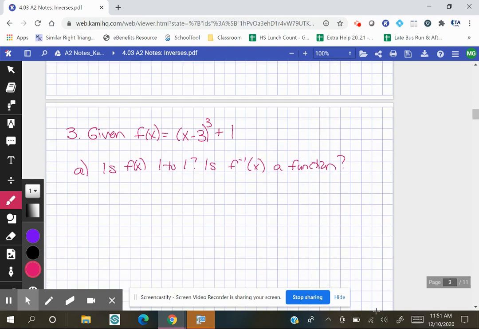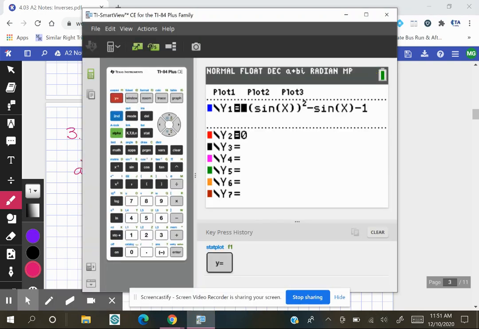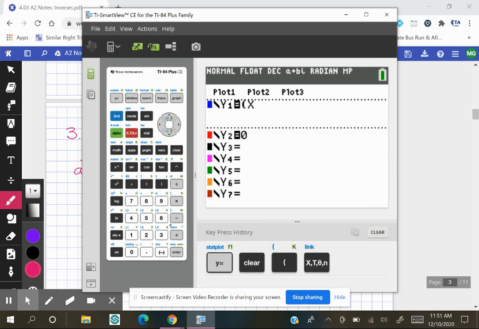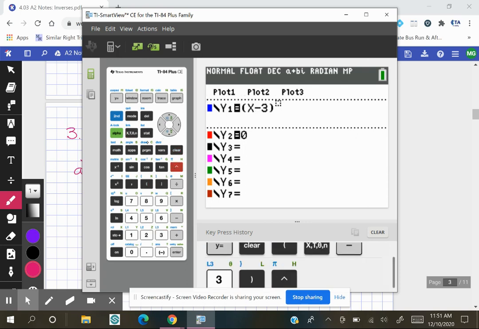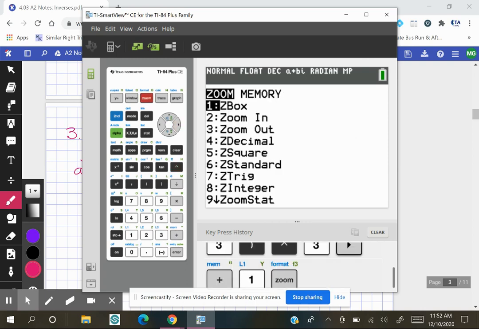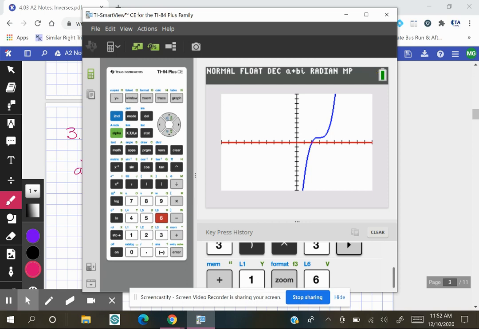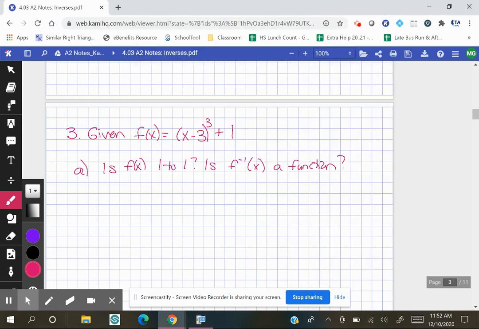All right, so let's take a look at this. You could go to your y equals and put this right into our calculator. So we've got (x minus 3) to the third power plus 1. I'll zoom 6. It looks like that. So would this pass the horizontal line test? Yes.